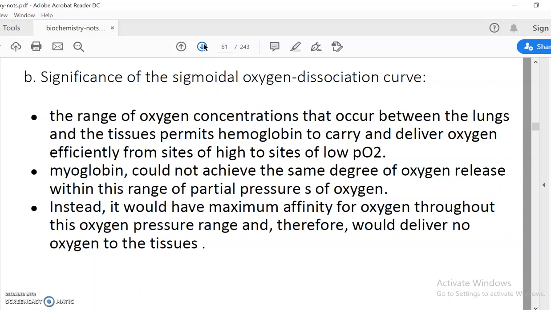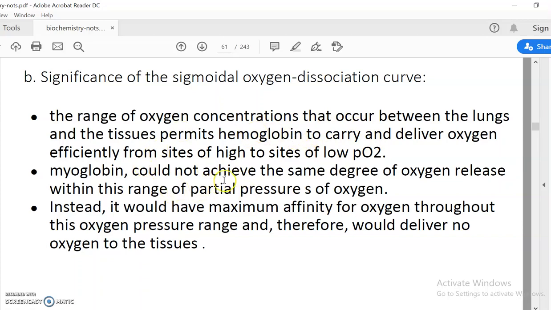In the tissue, the concentration of oxygen will be very low. The large difference between these concentrations lets the hemoglobin deliver or release oxygen when it is transported to the tissue.